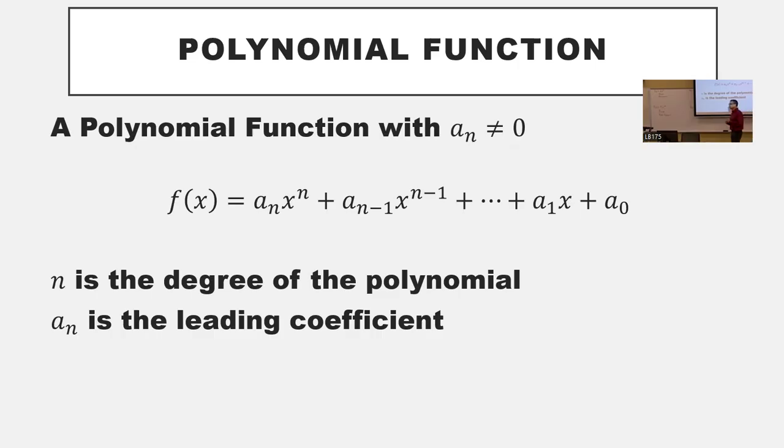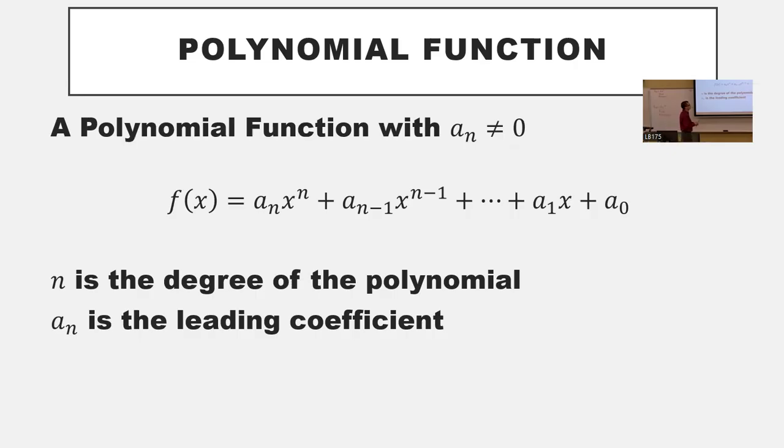And if we have a polynomial function such that a sub n is not 0, then we call n the degree of the polynomial.